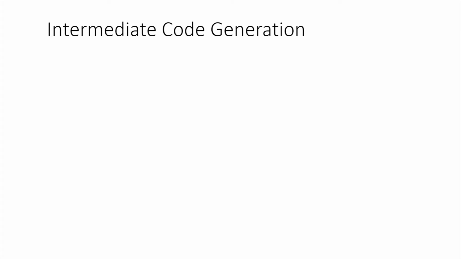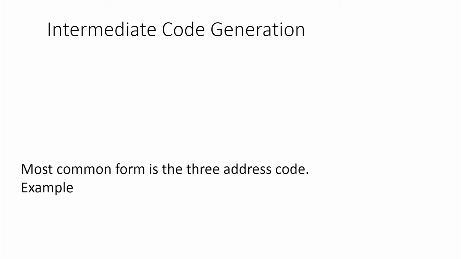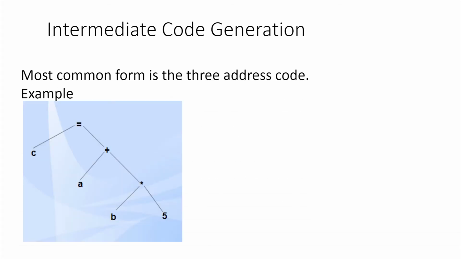Generation of intermediate code. In this phase, the syntax tree is converted into intermediate code form. One of the most famous intermediate code forms is three-address code, in which each statement can have at most 3 operands and 1 operator. Let's take the syntax tree that was generated in the last phase.